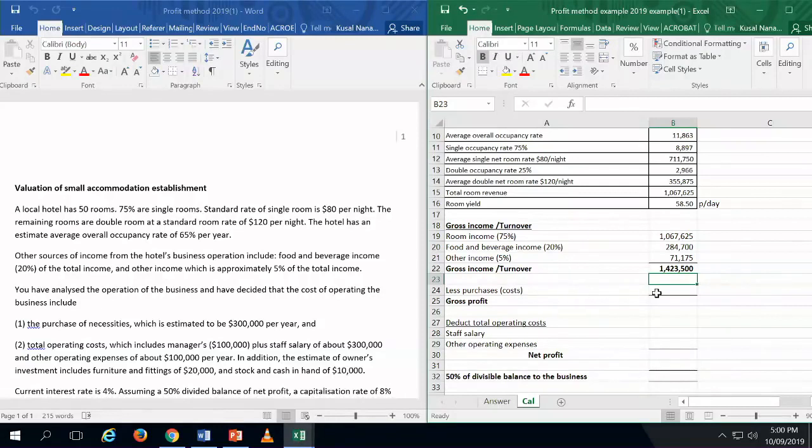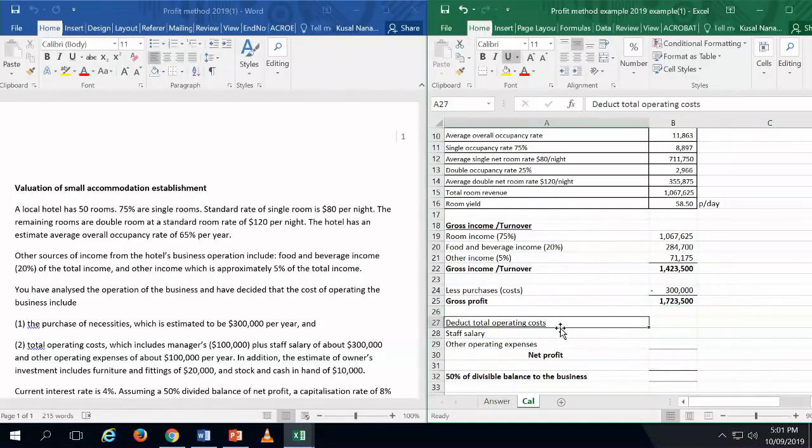So let's do the purchase cost. How much is the cost? Estimated $300,000 per year. $300,000. So gross profit is 1,723,500. That's gross profit. Right.